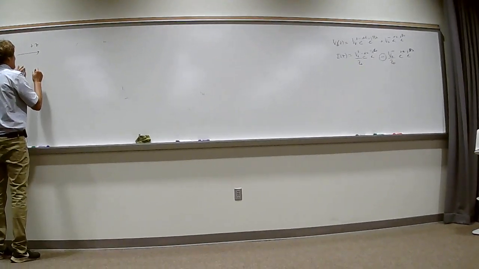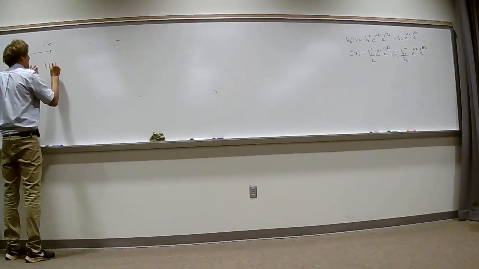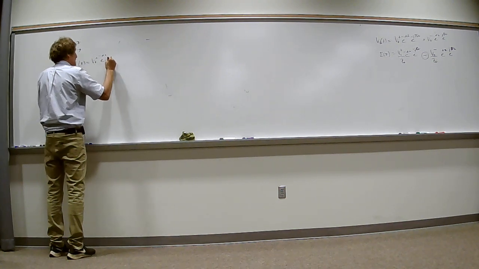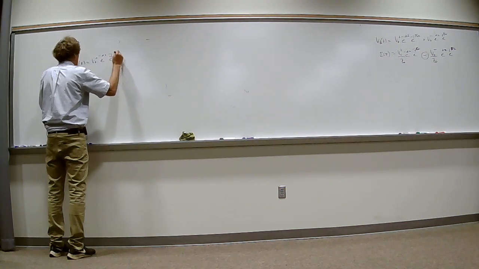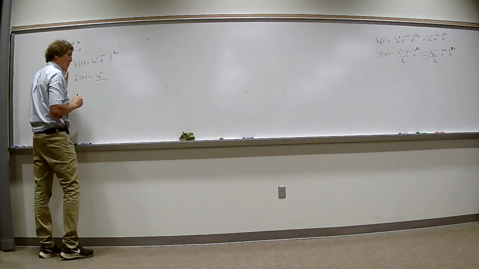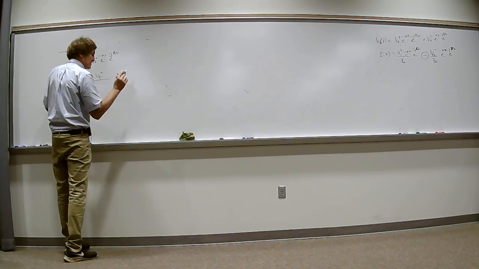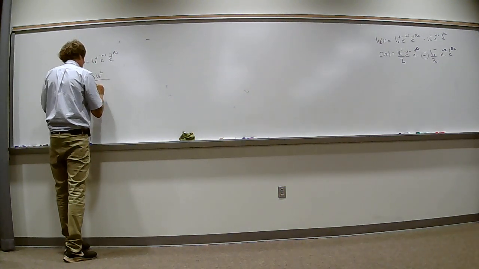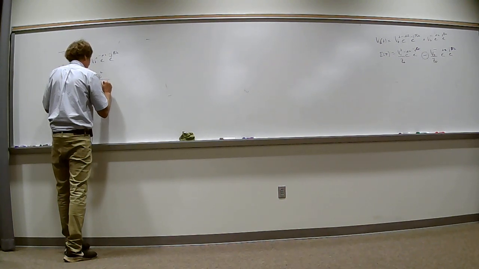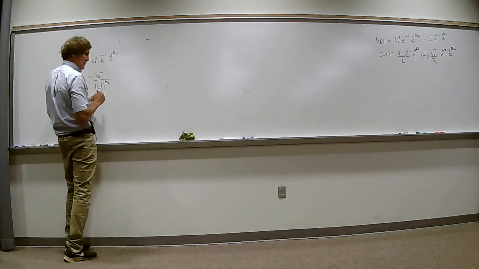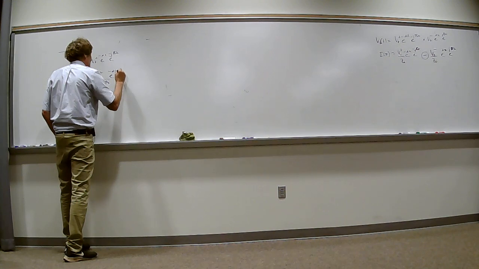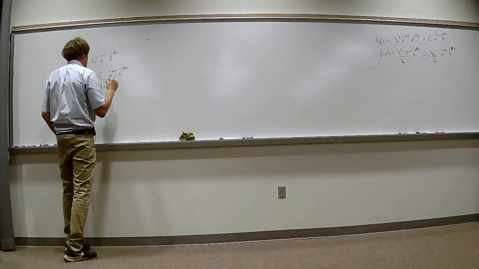So positive z, that means V of z is V0 plus e to the minus gamma z times e to the minus j beta z, and I of z is equal to V0 plus over the magnitude of Z0, the characteristic impedance, e to the j theta, the angle associated with the characteristic impedance, times e to the minus alpha z, e to the minus j beta z. Just go with me on this one.